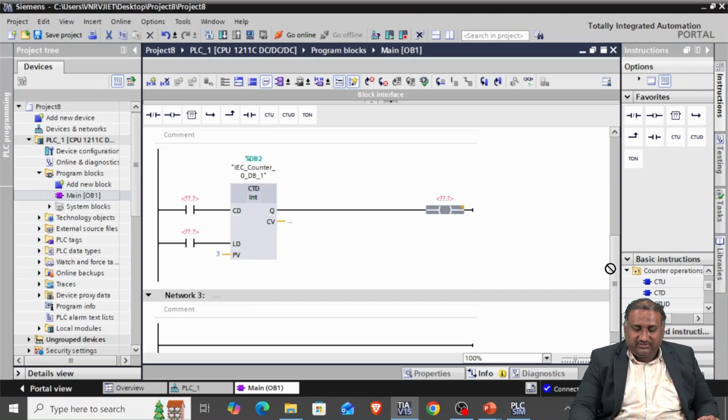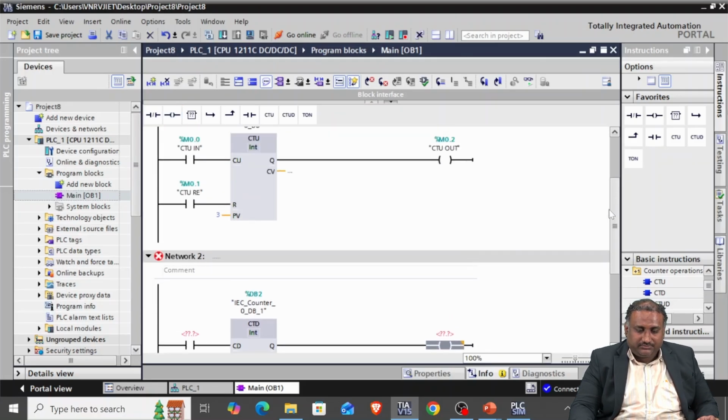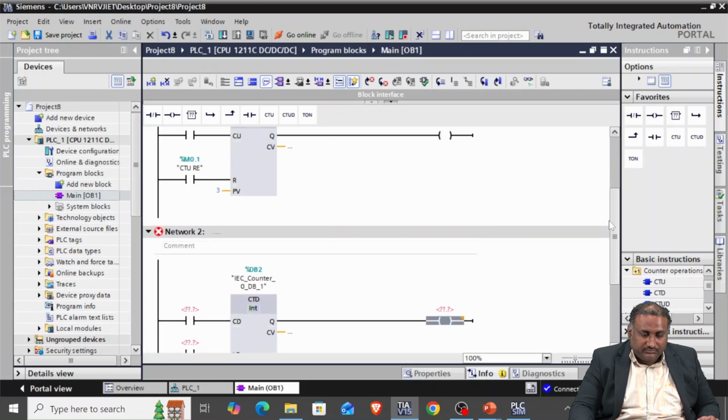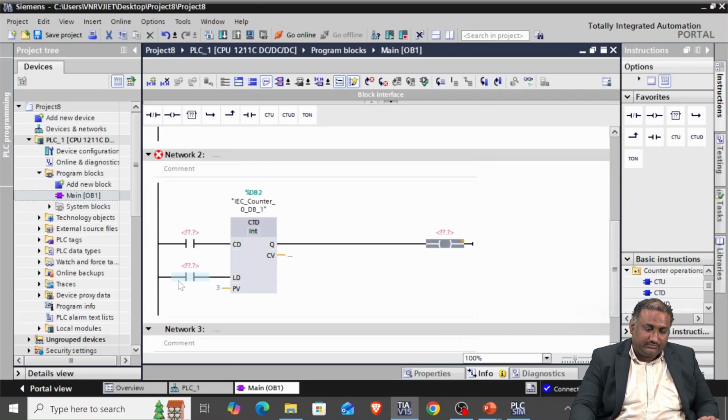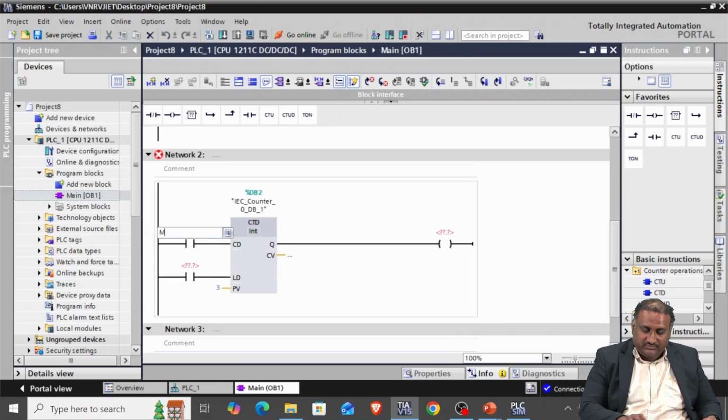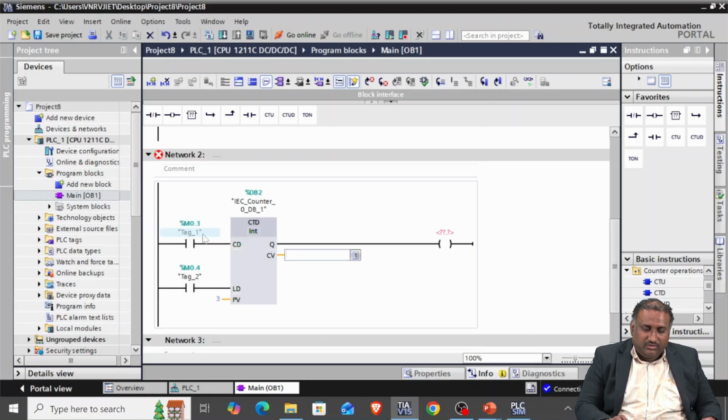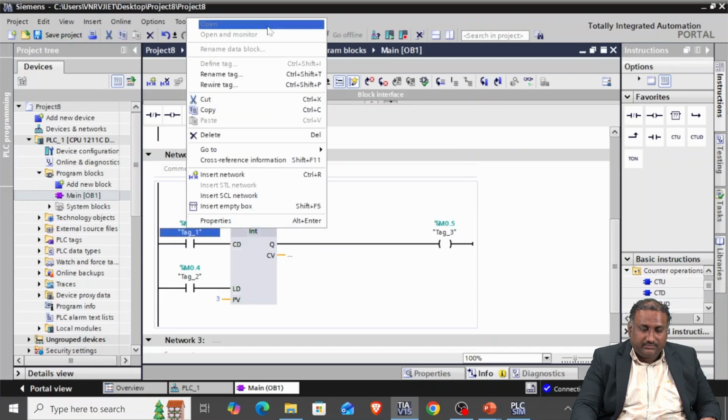I am assigning addresses for the down counter: M0.3 as the input, M0.4 as the load, and M0.5 as the output.